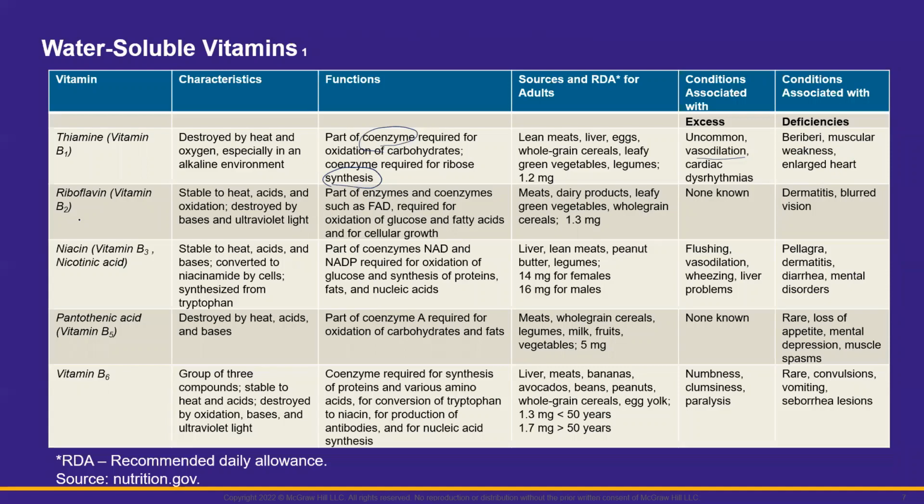Vitamin B2 or riboflavin is stable to heat, acid, and oxidation, destroyed by bases and ultraviolet light. Function: part of enzymes and coenzymes such as FAD, required for oxidation of glucose and fatty acid and for cellular growth.